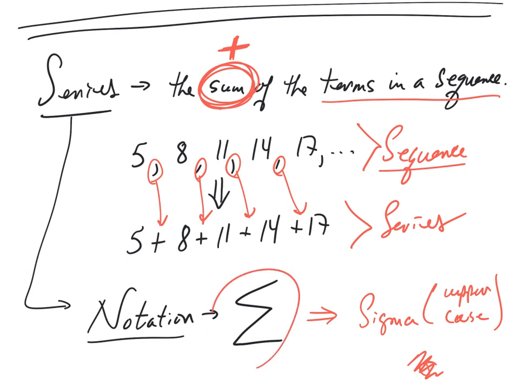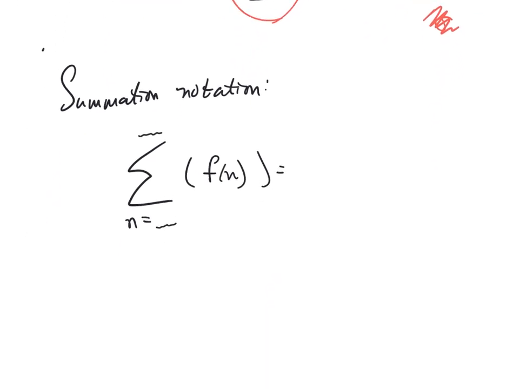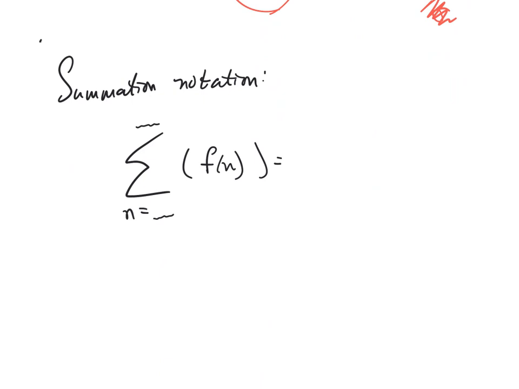Anytime you see this in the rest of your math or science life, what you're going to be doing is adding things together. Okay? And so what's going to happen with our summation notation whenever we have that Greek letter sigma is we're going to have some number value here on the bottom of the sigma.